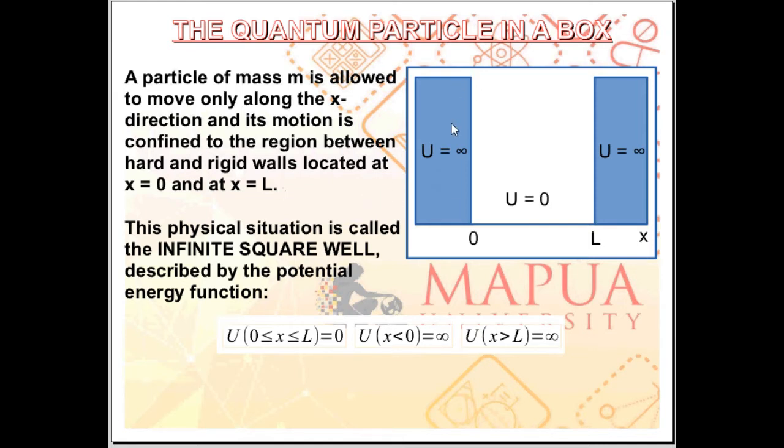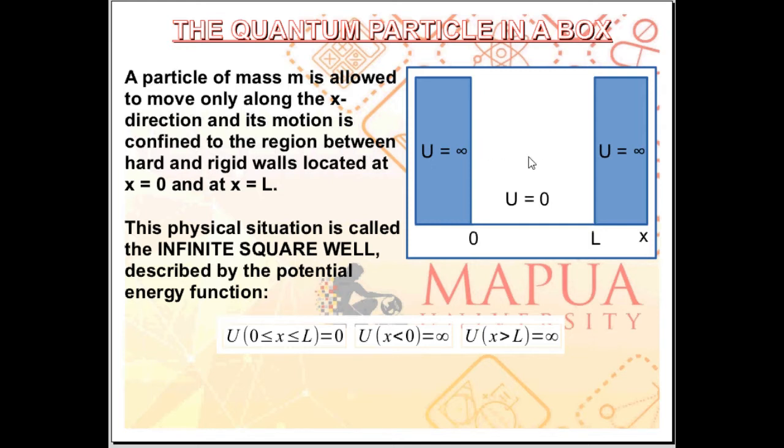So you have a wall here at x is equal to 0, and you have another wall here at x is equal to L, and our particle is confined in the region between the two walls. So, for example, you have a particle moving to the right, and then it encounters the wall, so it moves back until it encounters the other wall, and then it simply moves back and forth.